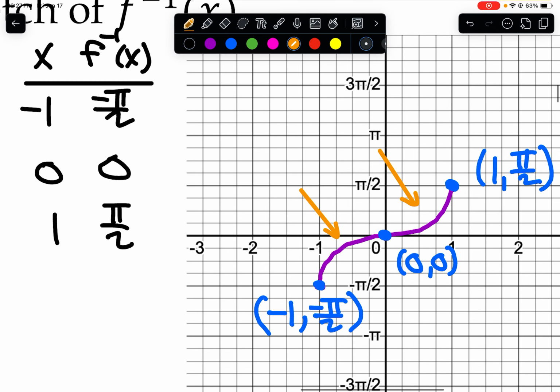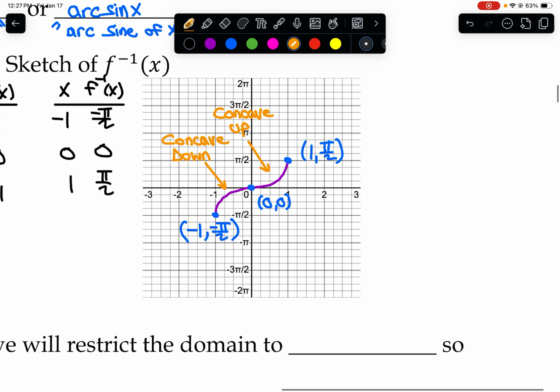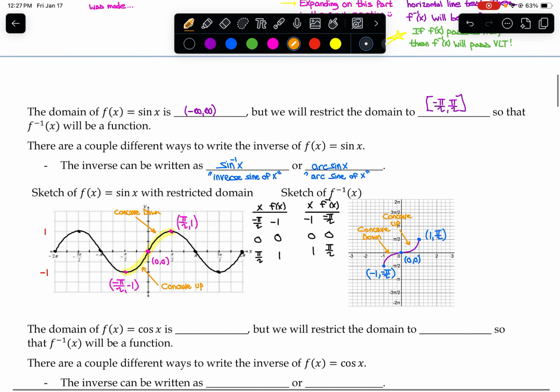So the first part, we start concave down, and then the second half is concave up. So that's going to be your graph of inverse sine.